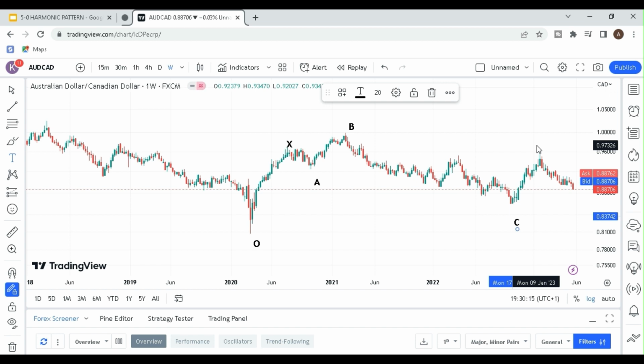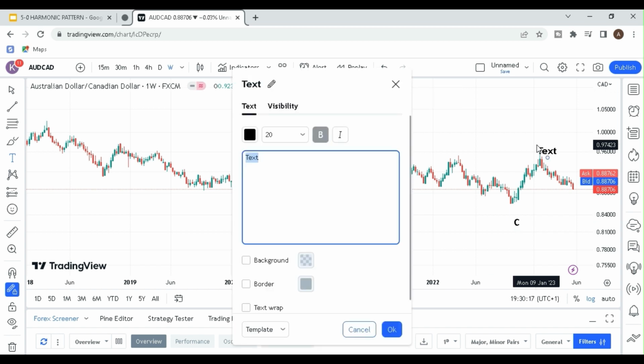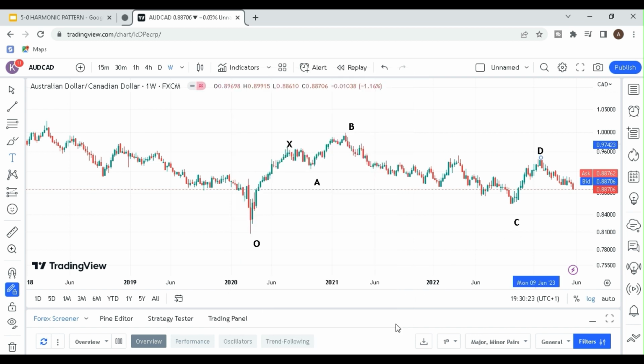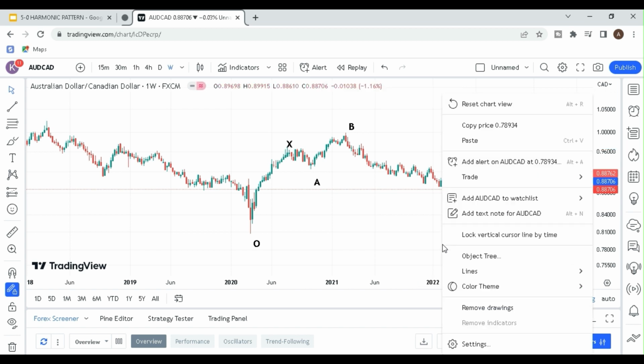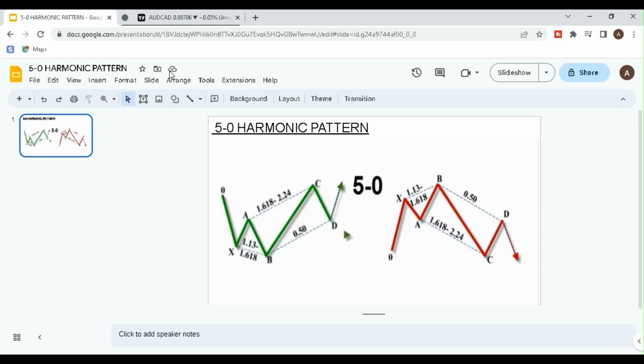Maybe for now, let's assume this is my point D. So we've had O, X, A, B, C, D points for now. So now from our pattern, it says point A here can retrace anywhere. It can retrace here or here, but it shouldn't go beyond point O. So the first condition has been met.